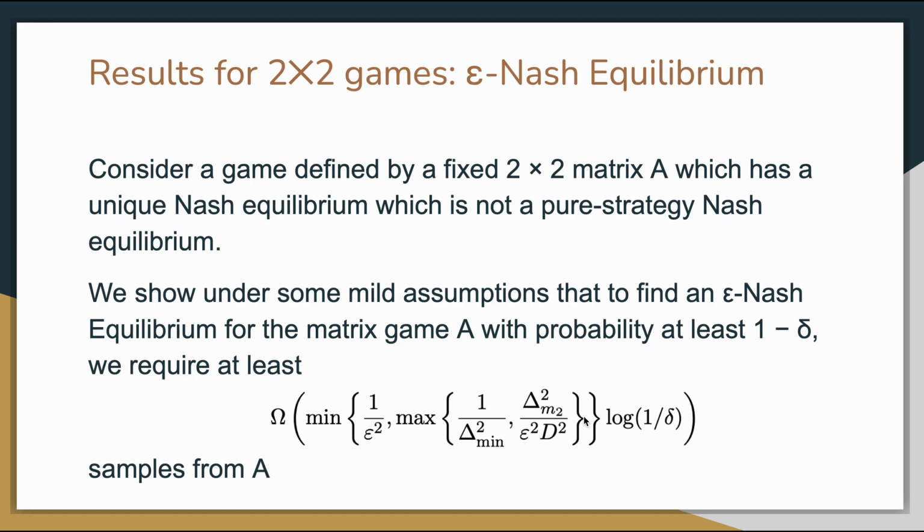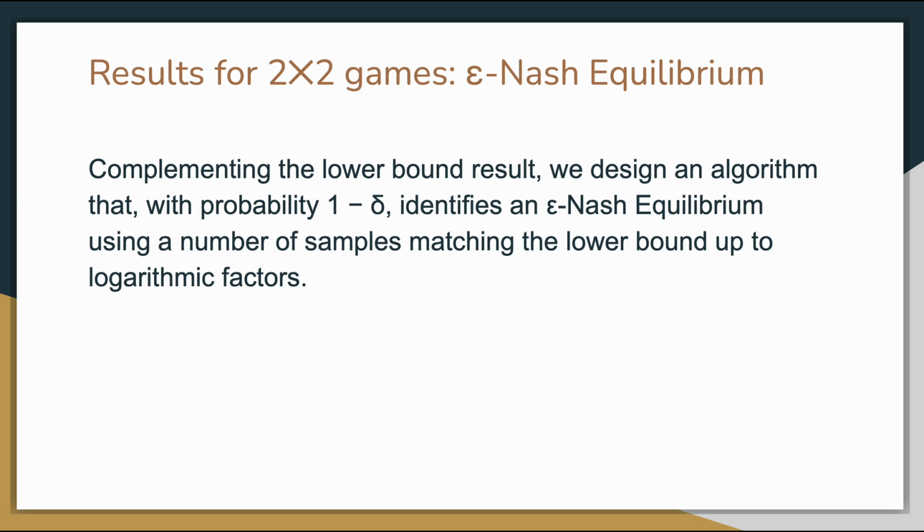So if the parameter delta m2 is roughly of the order square root epsilon, then using 1 by epsilon samples, we can find epsilon Nash equilibrium. On the other hand, if the matrix is very well spaced, then we would require something like 1 by epsilon square samples. So this is a bit different from epsilon good solution. And we complement this lower bound by designing an algorithm that matches the lower bound up to some logarithmic factor.